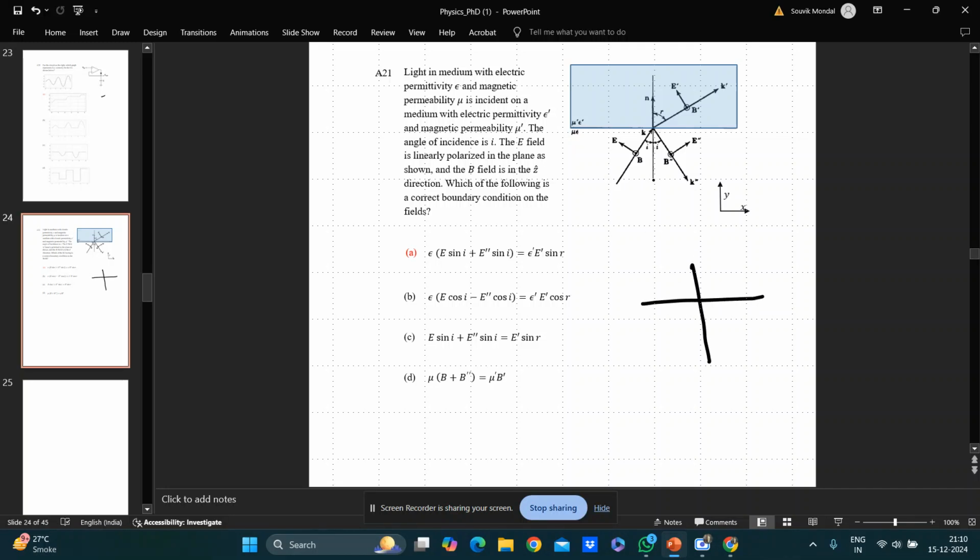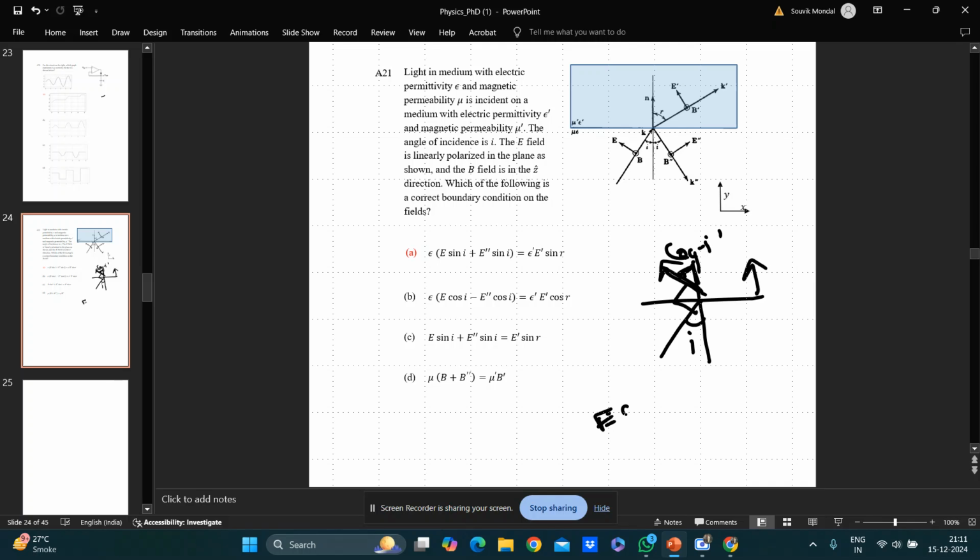Now look at the direction of E. This is the angle I, and E is perpendicular to this direction, so this angle is 90 degrees. So what is this angle? This angle with this line is 90 minus I. So what is the perpendicular component?